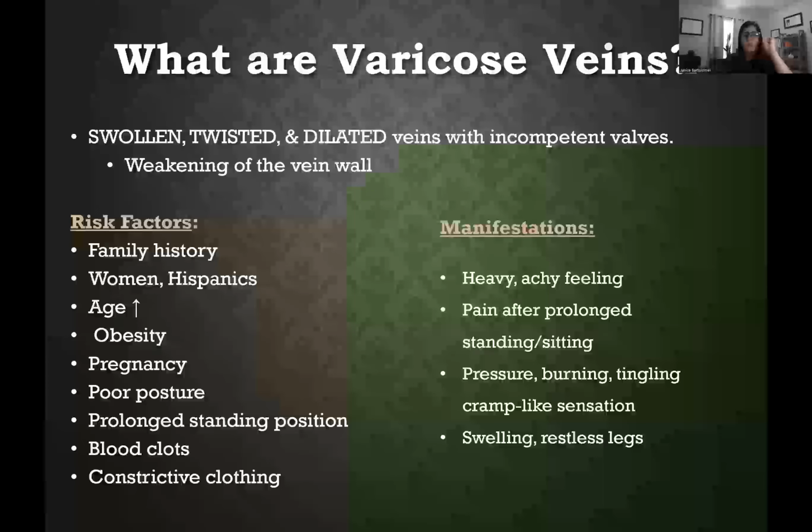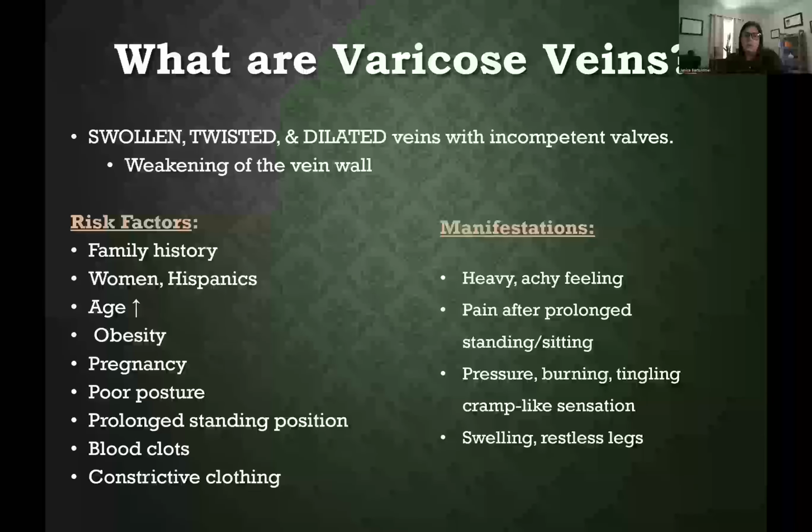The risk factors are women, Hispanic, older age, pregnancy, obesity, poor posture, prolonged standing, and constricting clothing. They manifest with an achy, heavy feeling in the leg, also pressure and a cramping sensation. Sometimes they're just easy to see on the individual, as well as pain.